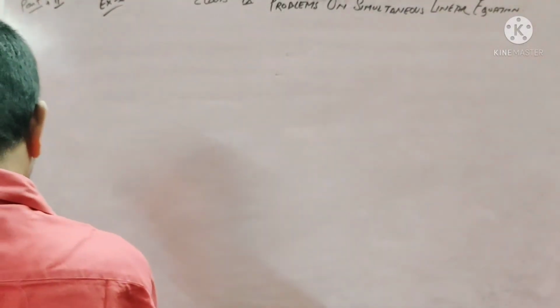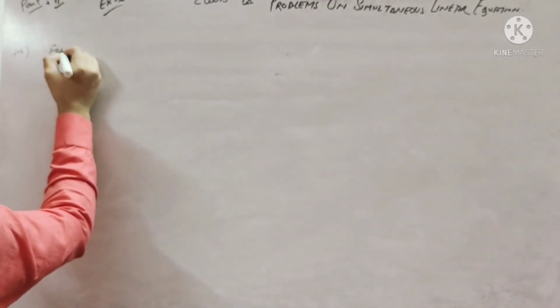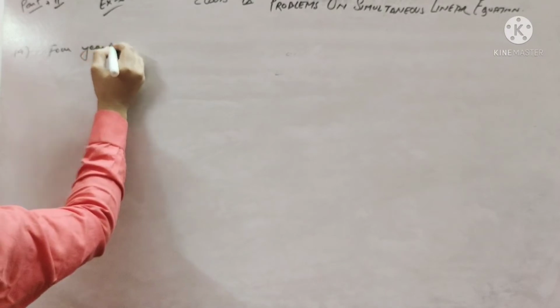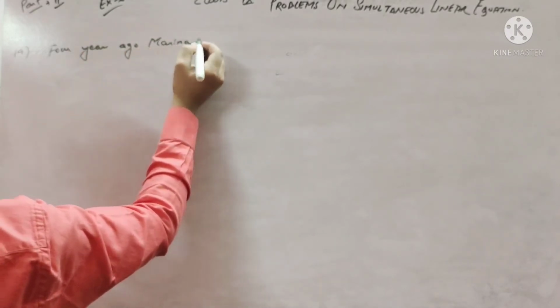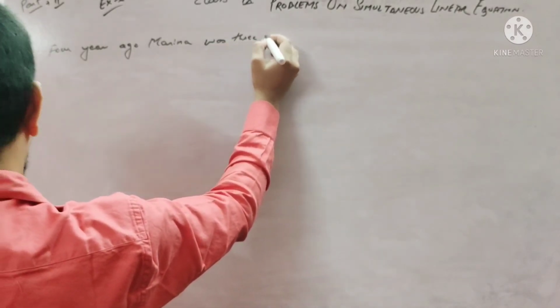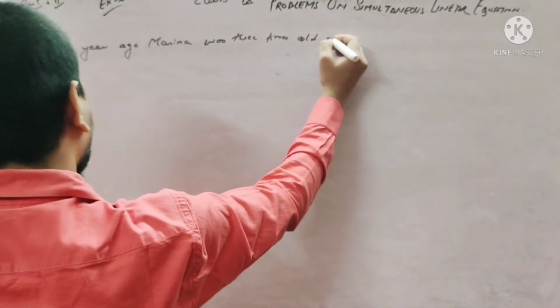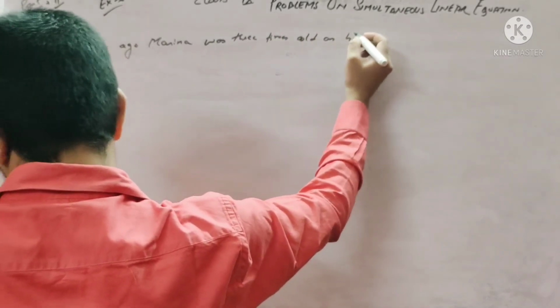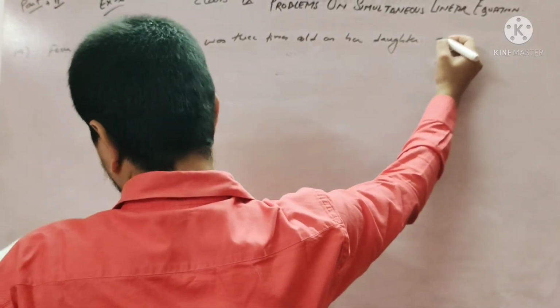Question number 19. Four years ago, Marina was 3 times as old as her daughter.